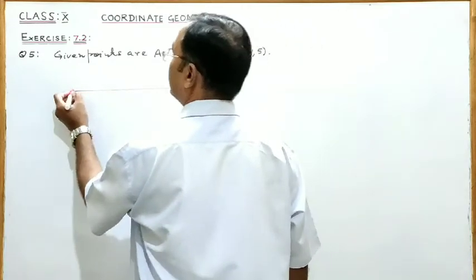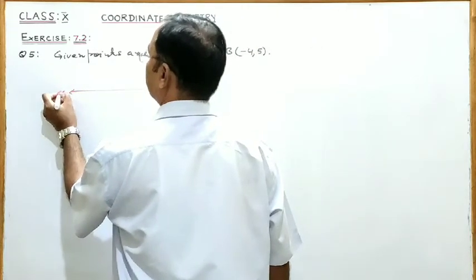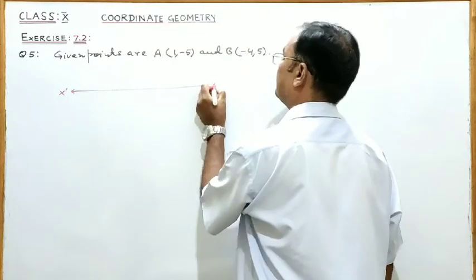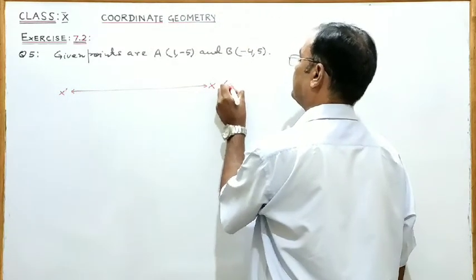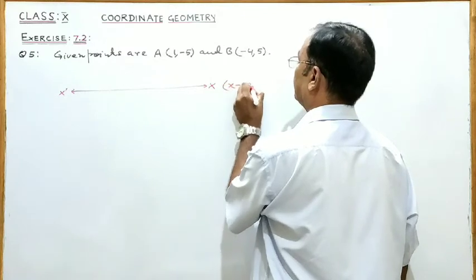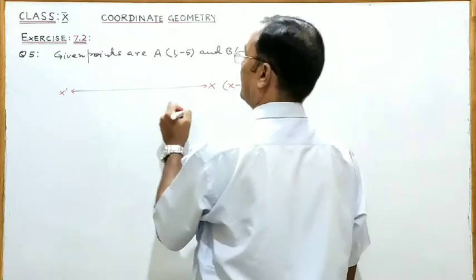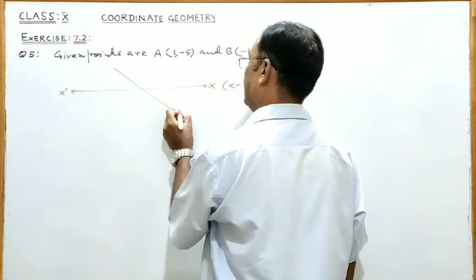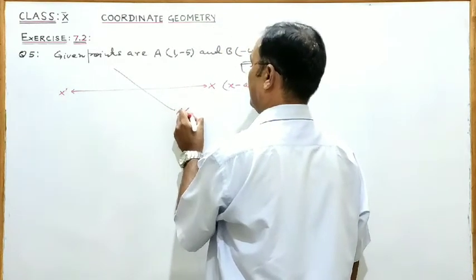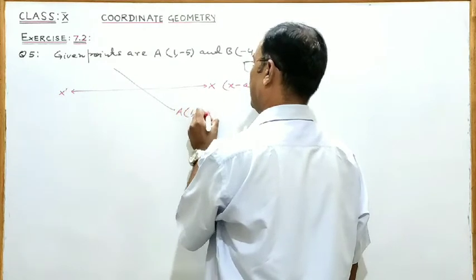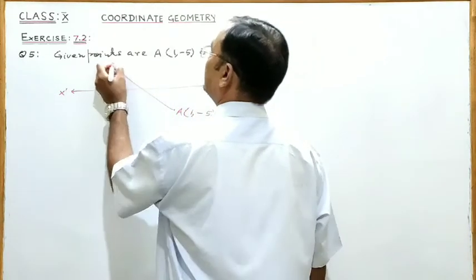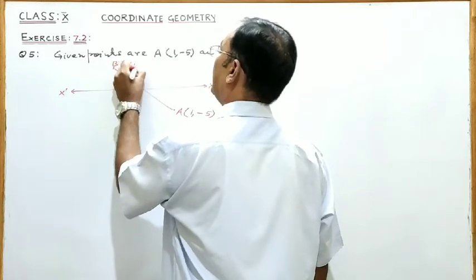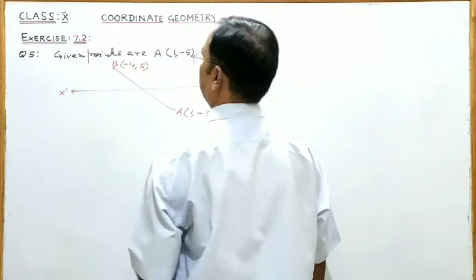This is the x-axis and the points are like this: A (1, -5) and point B is here (-4, 5).